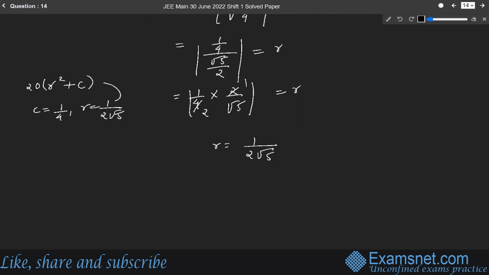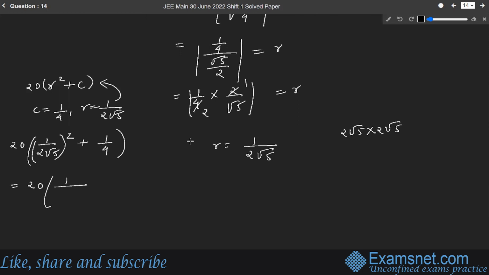Let us put both these values in this expression. 20 into R square, where R is 1 upon 2 root 5, its square, plus C, which is 1 by 4, right? So 20 into 1 by the square of 2 root 5, which means 2 root 5 into 2 root 5. 2 into 2 is 4 and root 5 into root 5 is 5. So 4 into 5 is 20, right? So it will be 1 by 20 plus 1 by 4.